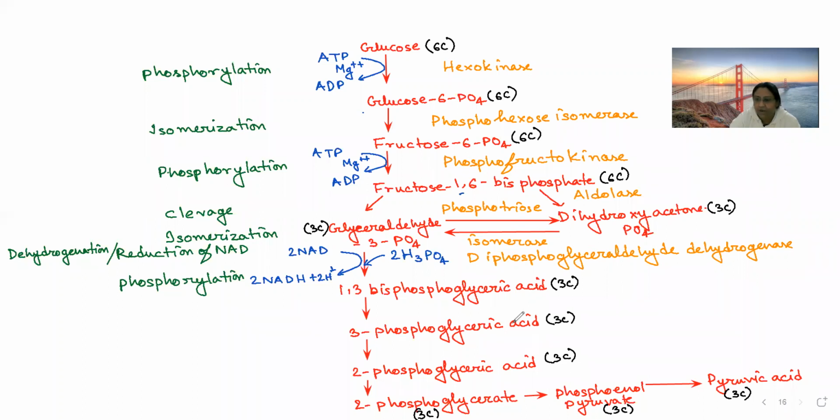So the next compound is 1,3-bisphosphoglyceric acid. This is the step where 1,3-bisphosphoglyceric acid is finally forming 3-phosphoglyceric acid.